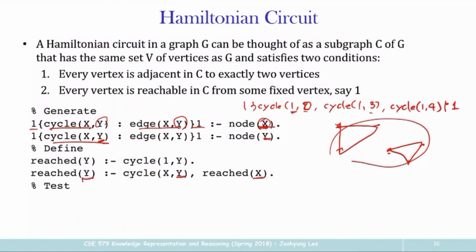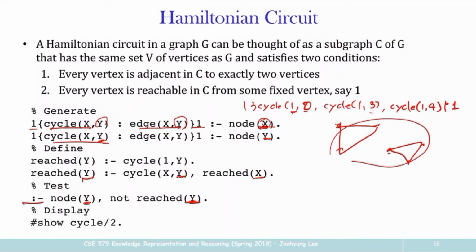Well, if you find at least one node that is not reachable, then this violates the constraint. So just write it this way: if there is a y that is not reached, then this violates the constraint. This is the end. If you worry about display, you can just add this line, and then Clingo will not show other predicates like node and edge. It will only show the cycle.